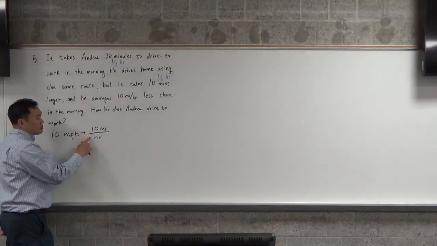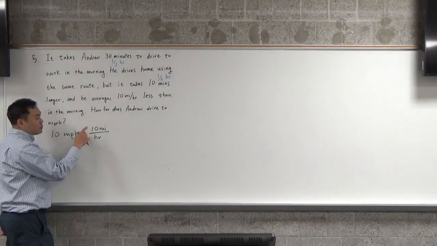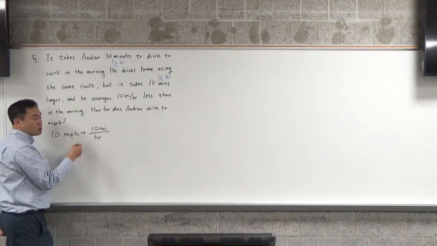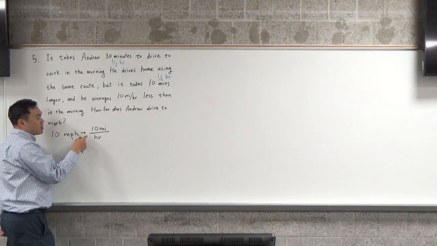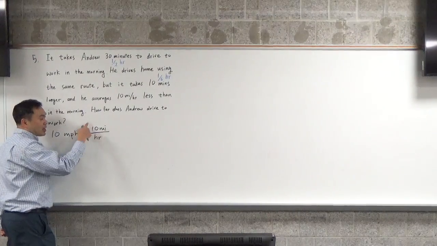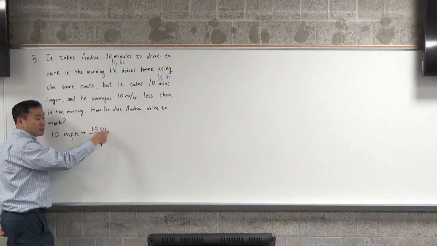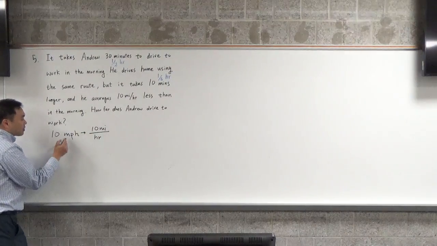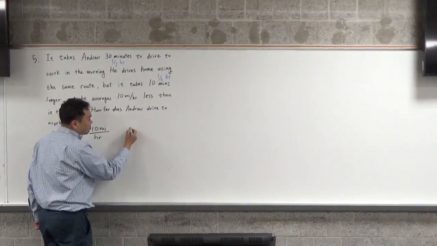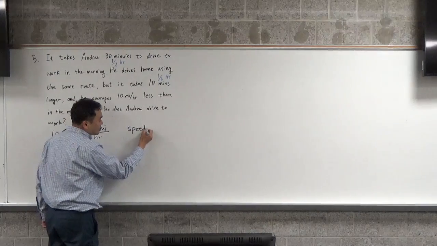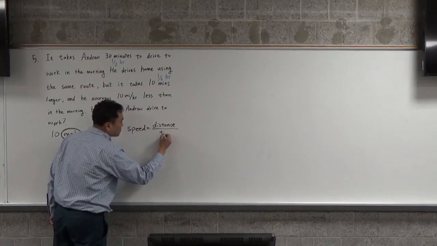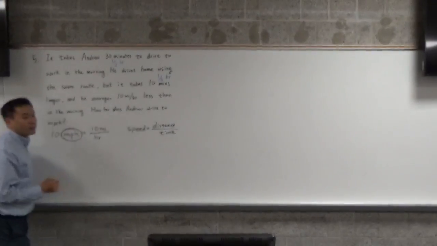This basically says that if you drive 10 miles in 1 hour, let's say it's heavy traffic so you're going really slow, then your average speed will be 10 miles divided by 1 hour. So this very unit for the speed suggests that speed equals distance over time. All right.